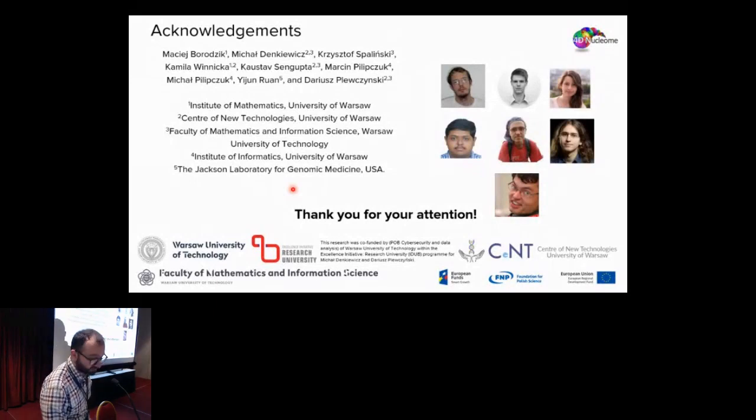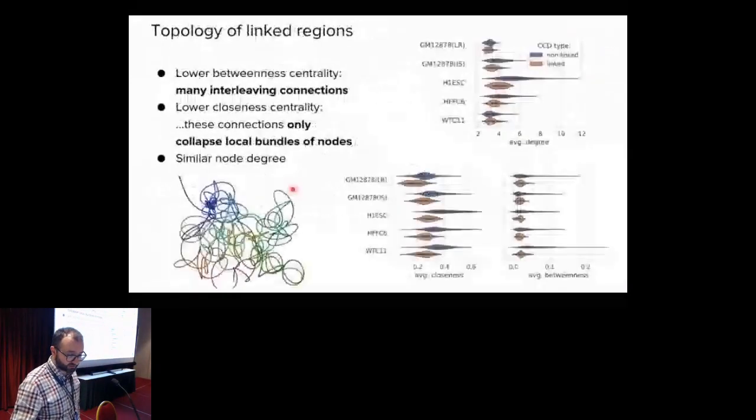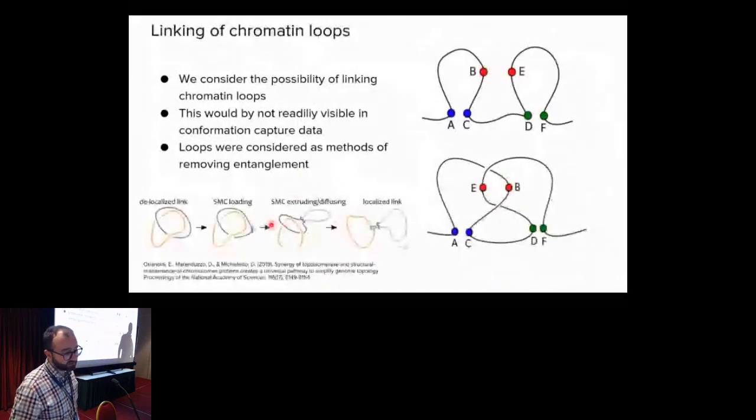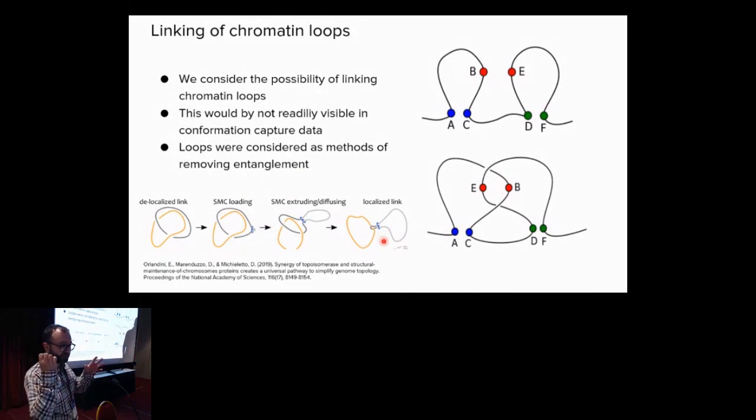So when I go back to the beginning, the idea in the previous research was that when we have a loop, it can slide and restrict this tangled region to a specific area, and then topoisomerase will simply cut this region open, and this tension will be relieved and removed.